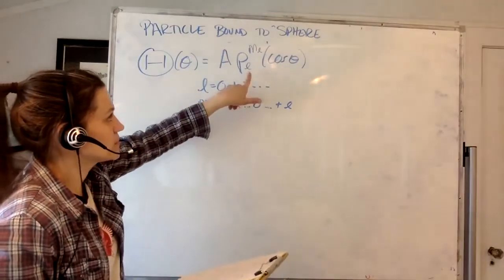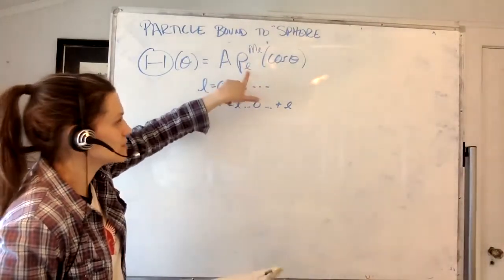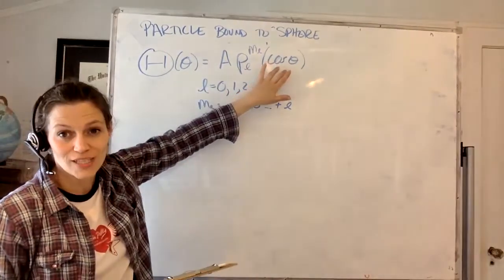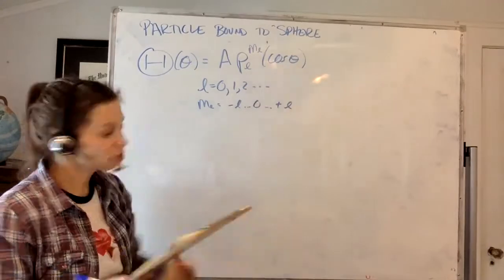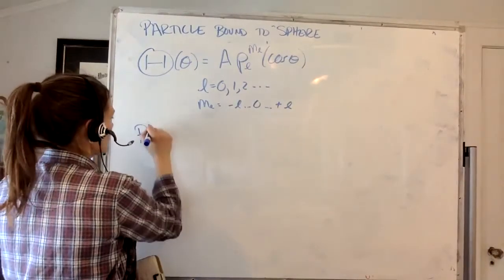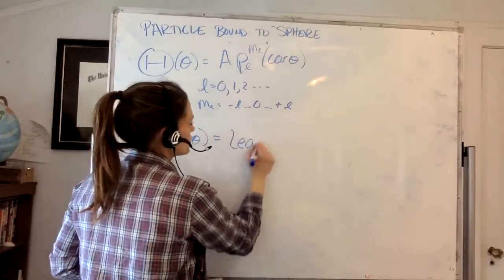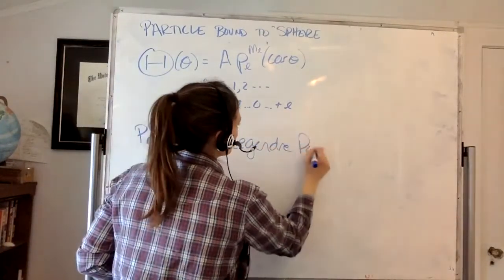P with subscript L and superscript m sub L as a function of cosine theta. This is what's called a Legendre polynomial.